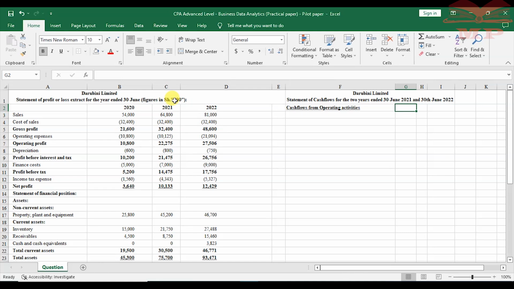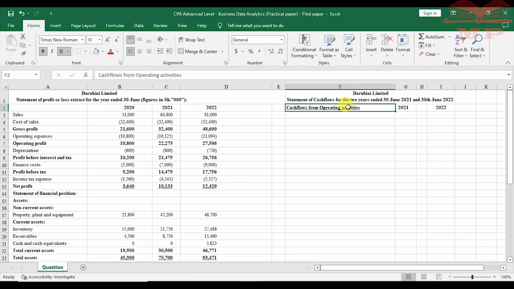I'll bring the currencies, or before the currencies, I can bring the years. They said 2021. I'll also bring the other one, that is 2022, as the year. Maybe I can center that, it is well centered like that.